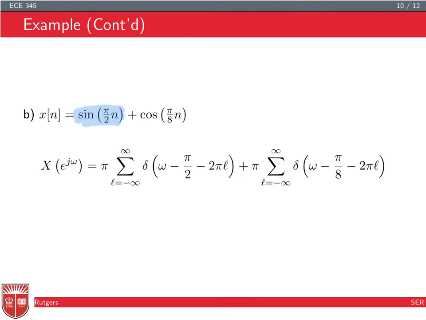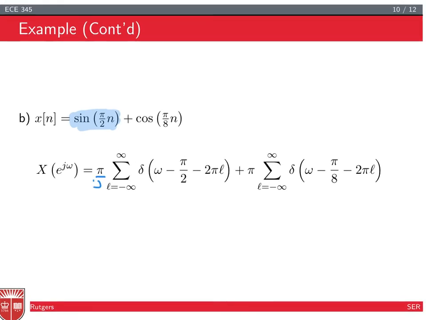The DTFT of the sine function is actually pi by j, this guy here, minus pi by j. So here I have to add the second sum from L equal to minus infinity to plus infinity, delta omega plus pi by 2 minus 2 pi L.